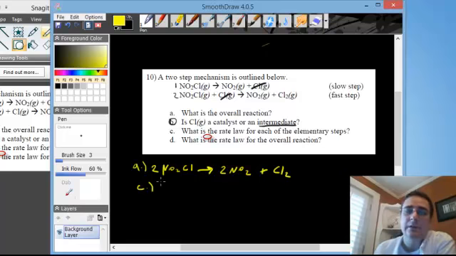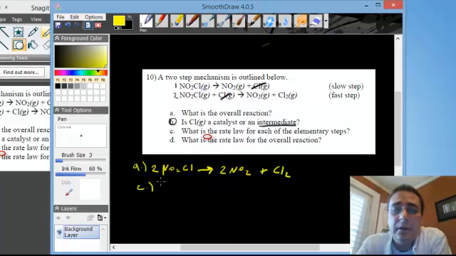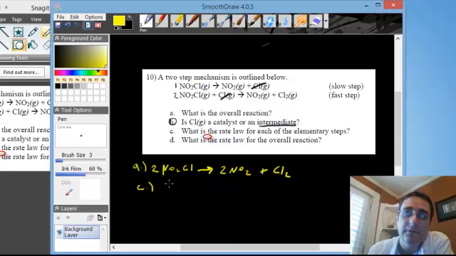Now let's take a look at C, since we already answered B. What is the rate law for each of the elementary steps? The rate law for the first elementary step is rate equals K times the concentration of NO2Cl, and that's it, right?